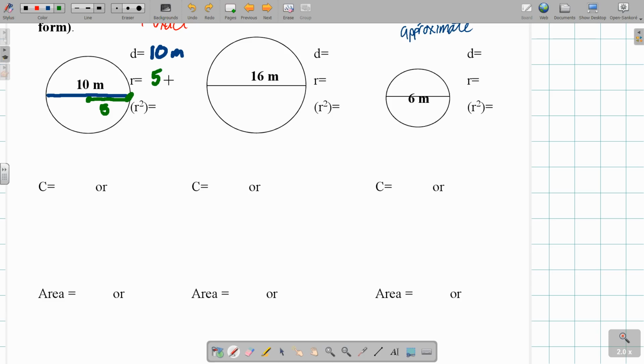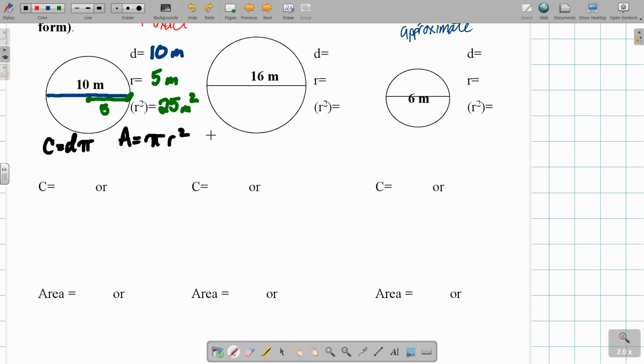It is 5 meters, which means your radius squared is 25 meters squared. Now, to write the circumference, write your equation. C equals d pi. Area equals pi r squared.